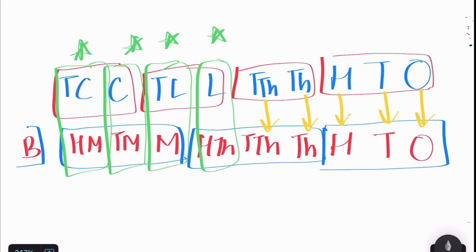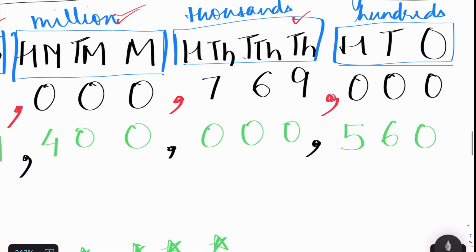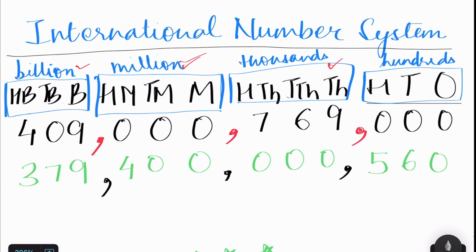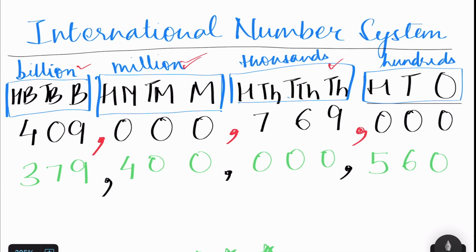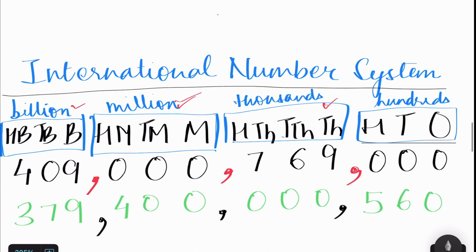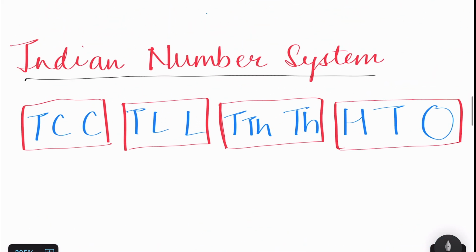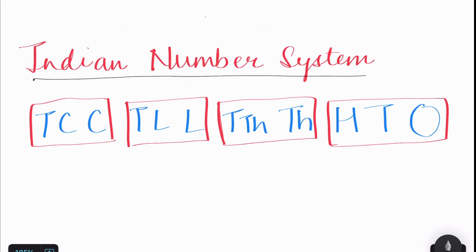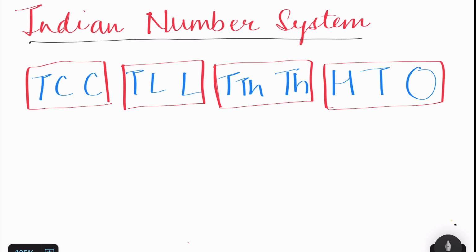So don't worry, we are not going to overload our brain with so much information. I know how that feels. For now, just be happy to have accomplished something, which is understanding the international number system and the Indian number system. What would really help you is if you practiced all, I'm sure you have a textbook from school.